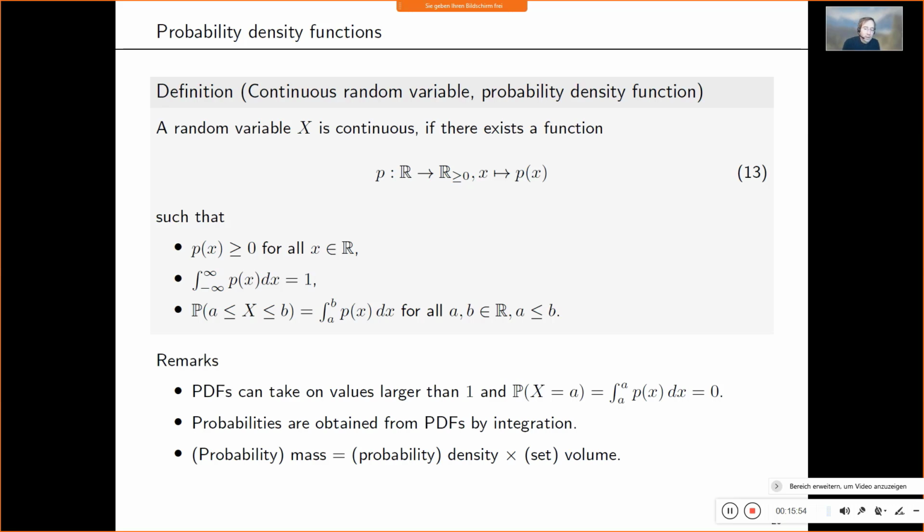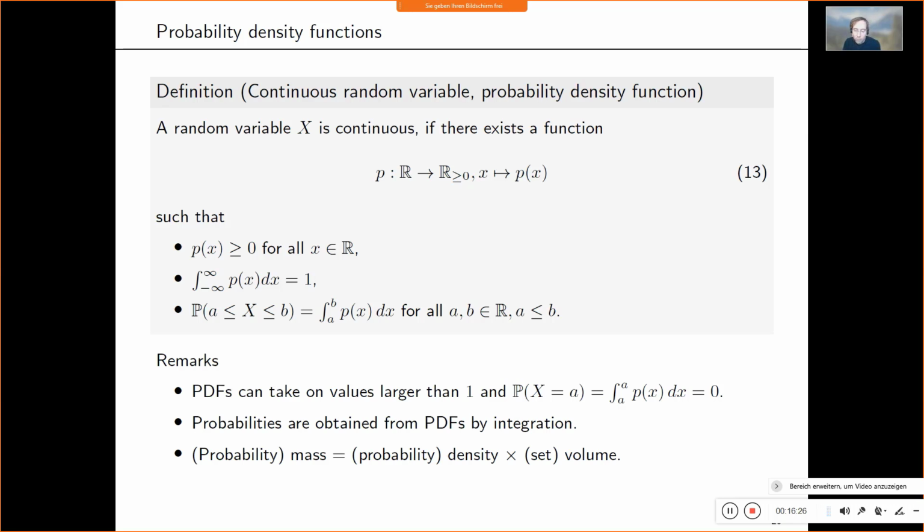So they are, and this is also reflected in the name, completely analogous to density in physics. If you consider probability equivalent to mass, then if you think about the mass of an object, if this object has 0 volume, then of course it also has 0 mass, and the density is just the mass associated with a unit volume.